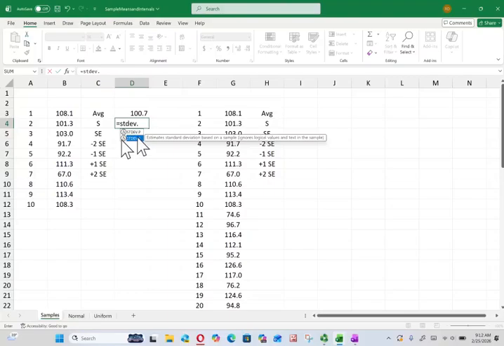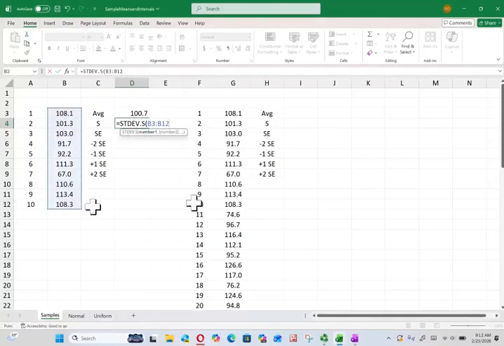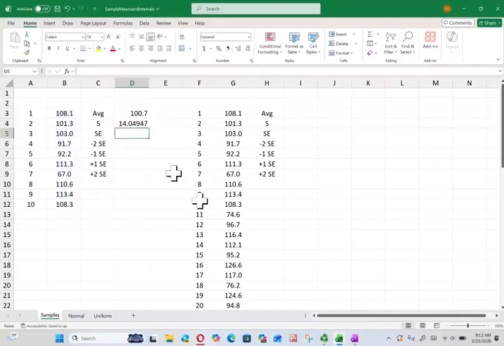But we actually have a sample, so we're using .S, mark it, and the estimate of the population standard deviation from this one is 14.05. And I'm going to knock decimals off.